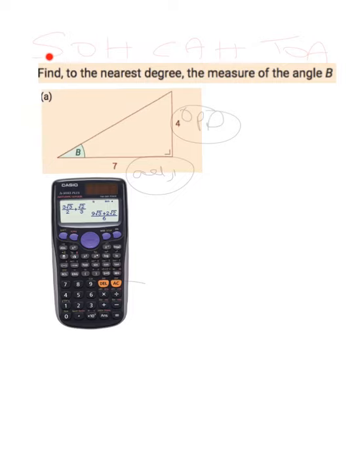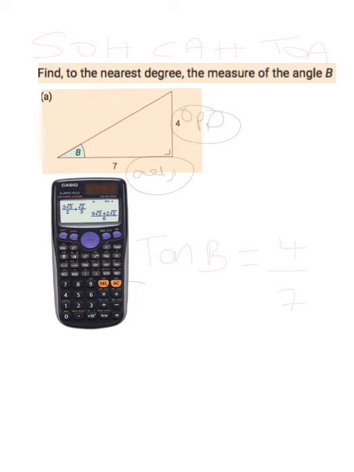So remember, sine is opposite over hypotenuse, cos is adjacent over hypotenuse, and tan is a ratio that uses opposite and adjacent. So we have opposite and adjacent here, so it is tan. So we're looking for tan of B, and that is equal to, now we know tan is opposite over adjacent, so opposite comes first, all over adjacent, which will give me 4 over 7.